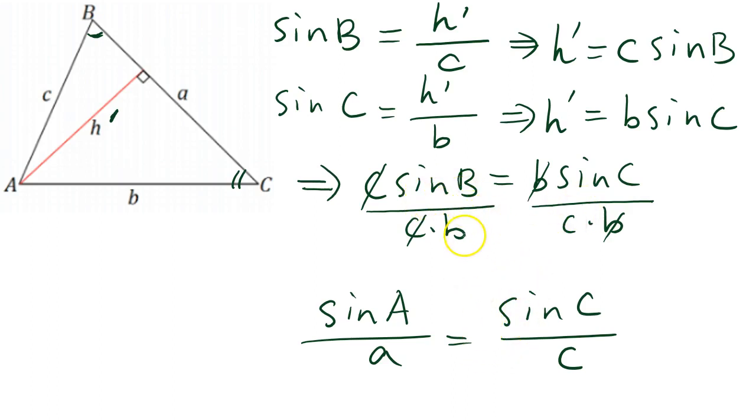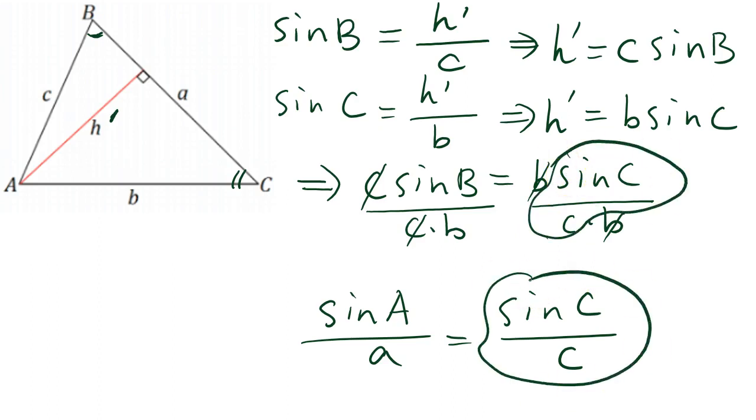We're gonna have sine B over B equals sine C over C. And notice this part is exactly the same as this part. Remember, it's the same triangle, so sine C over C is just the same value. So that means we can just put this part over here and say that they're equal.